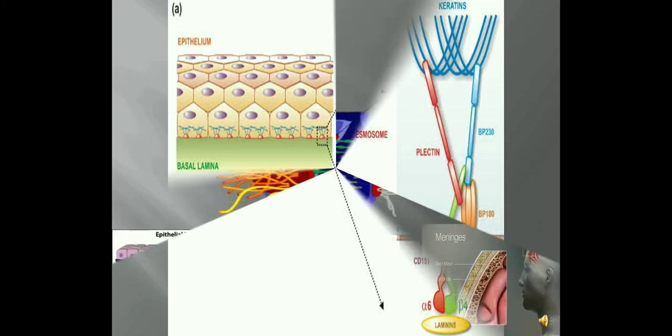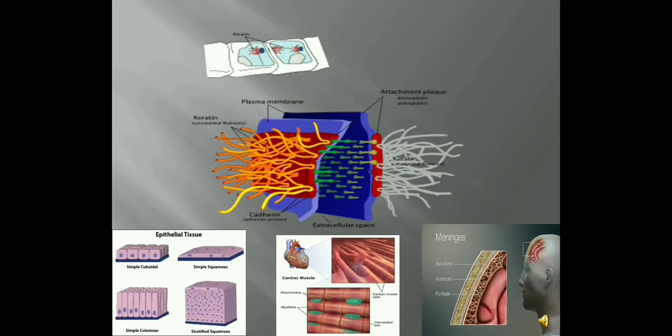Then next one is desmosomes. They provide mechanical strength to epithelial tissue, cardiac muscles, and meninges. As you can see the diagrams of all these here.